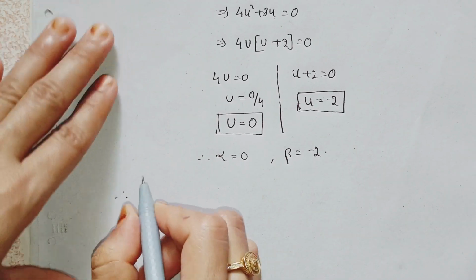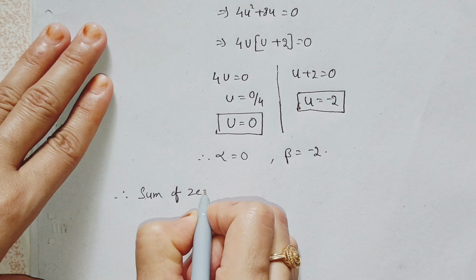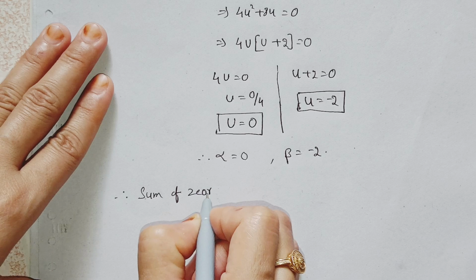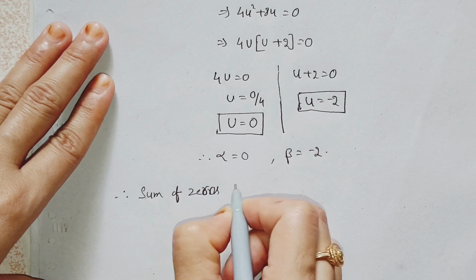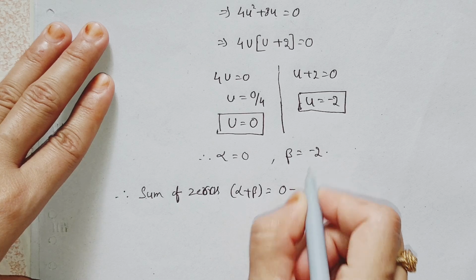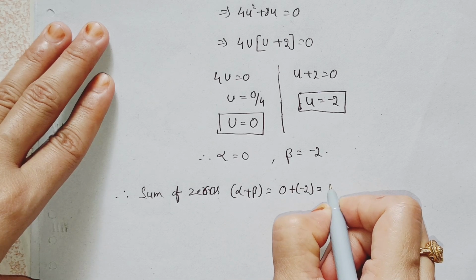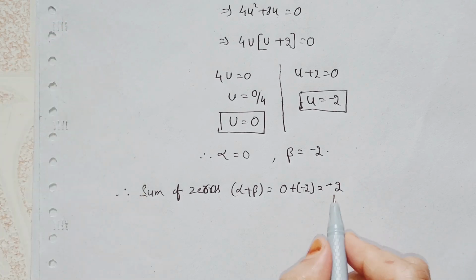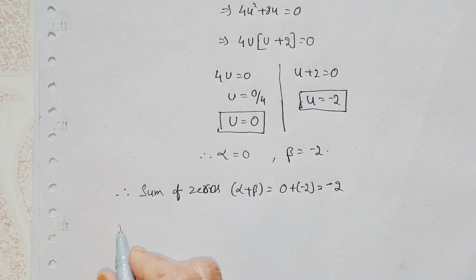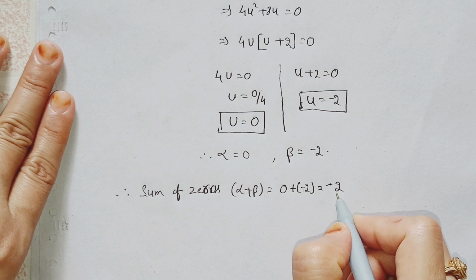Now we'll do the sum of zeros and product of zeros. Sum of zeros, which is alpha plus beta, equal to 0 plus minus 2, which means minus 2.